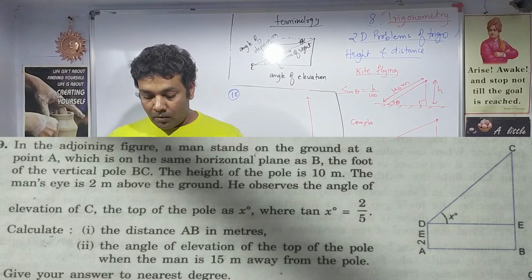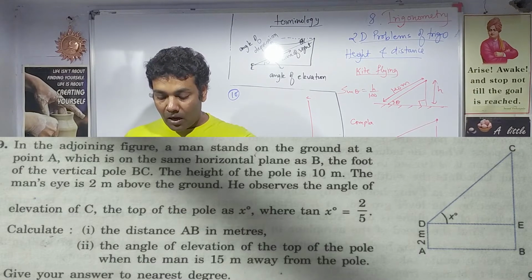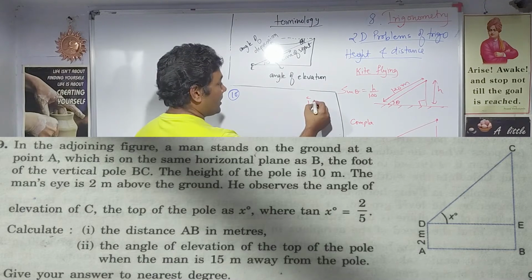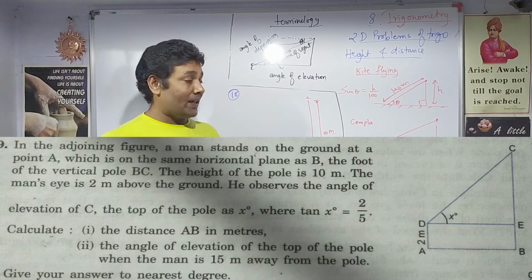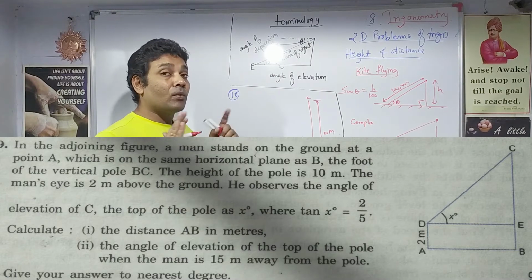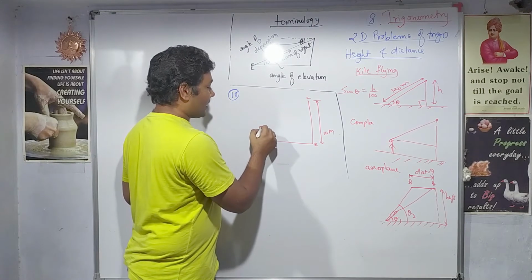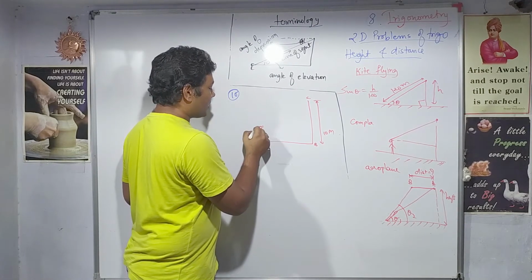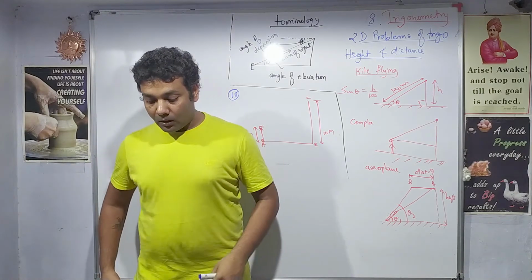The height of the pole is 10 meters, the man's eye is 2 meters above the ground. So the height of the pole is 10 meters. And now see here they have clearly stated you have to consider the man. So the eyes of the man are 2 meters above the ground.